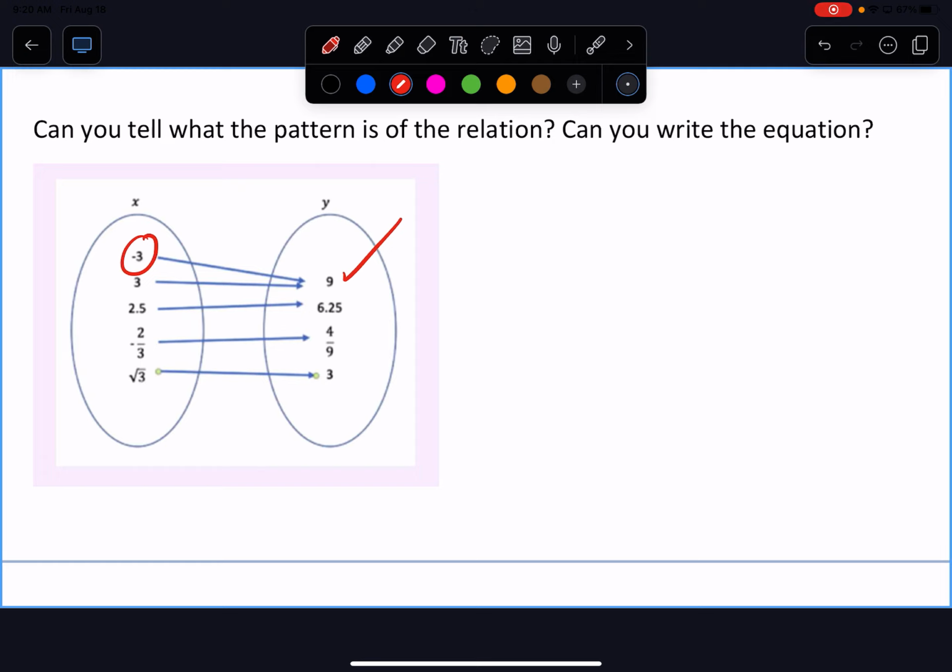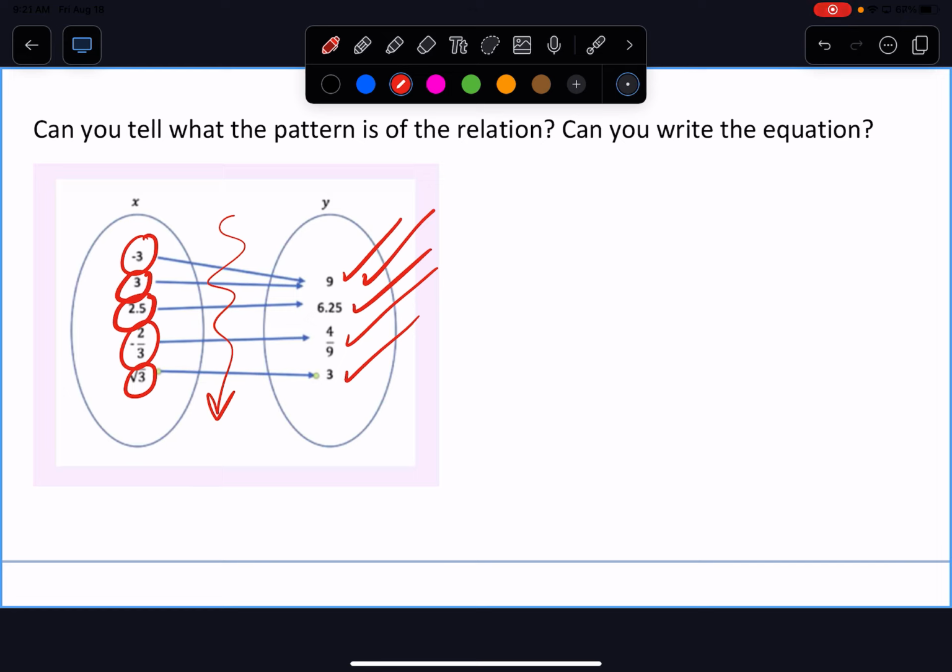Let's look and see if there's a pattern. 3 also becomes 9. Apparently, 2.5 becomes 6.25. Negative 2/3, with the same calculation, becomes 4/9. Square root of 3 has some calculation happen and becomes 3. Can anyone figure out what calculation was happening in here?